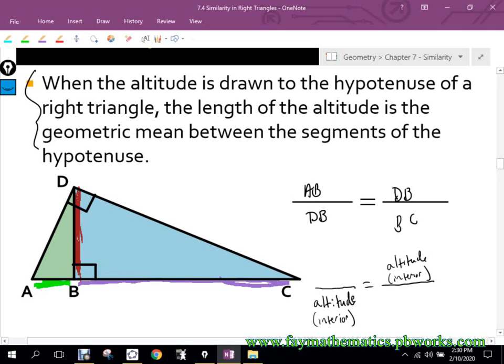Then what goes in this numerator is parts of the hypotenuse, and what goes here is the other parts of the hypotenuse. If we're going to use that, the only thing we have to realize that we're all agreeing on is that when I use the word hypotenuse, because of the way these three triangles are created, the green one has a hypotenuse, the blue one has a hypotenuse, and the overall one has a hypotenuse, right?